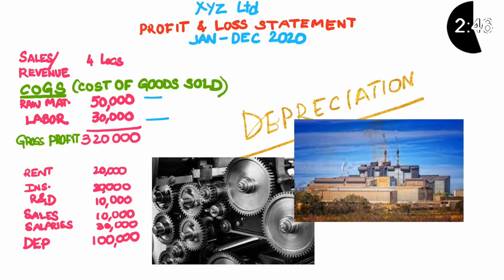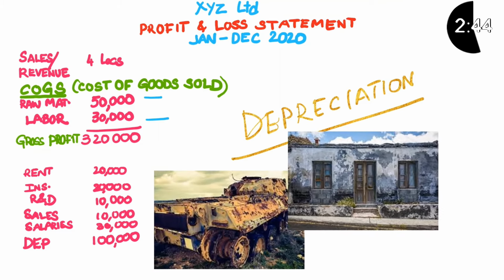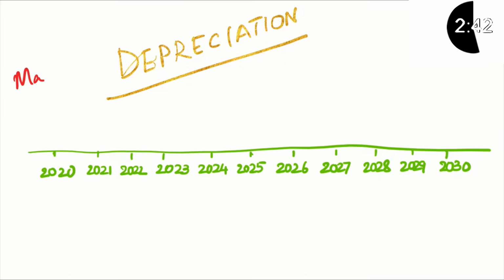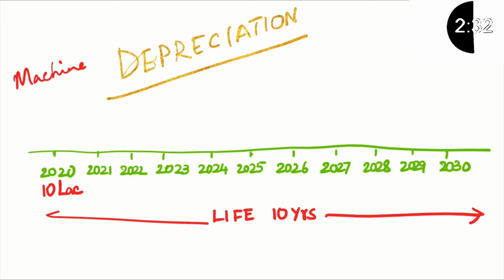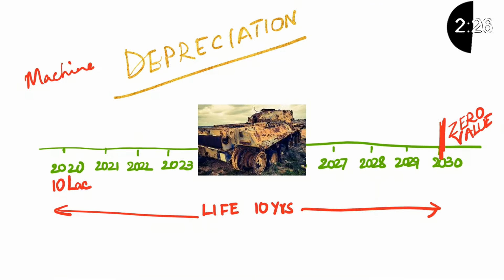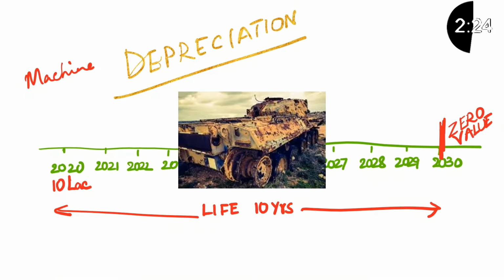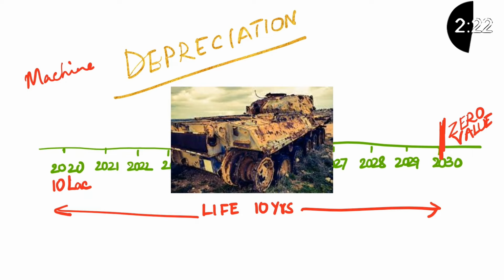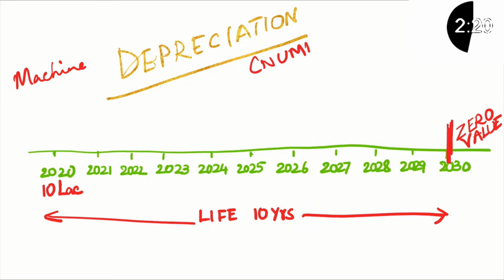There is some wear and tear associated with the machinery. Say for example, a machine is purchased for 10 lakh rupees this year. Suppose the machinery lasts for 10 years and after 10 years the machine is of no use, that is zero value. This wear and tear of long-term resources like machinery is what we call depreciation, and we assign a number to this depreciation each year.